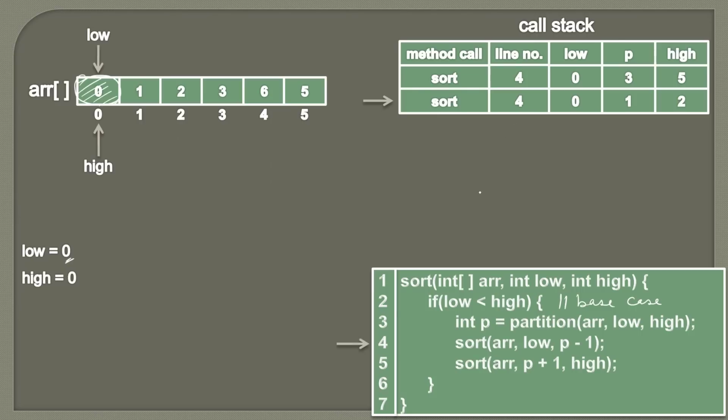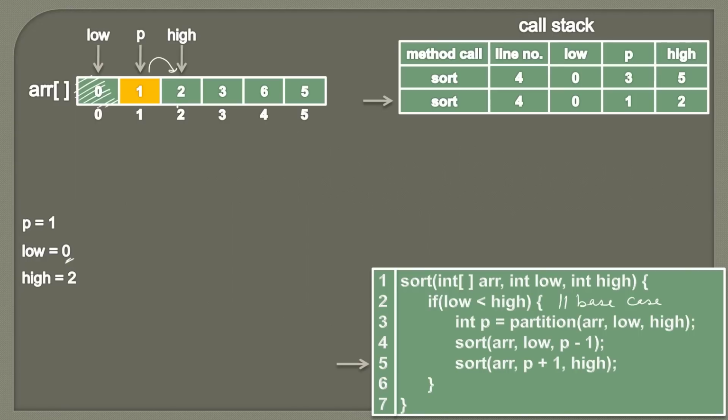And when we had left this sort method, low was at 0, P was at 1, high was at 2. So we position them back to their respective indexes. High was at 2, P was at 1. And here you can see that we are done with this left part now. So this sort method is done.